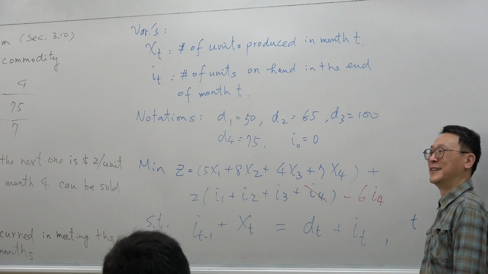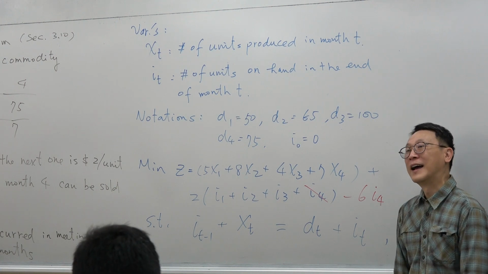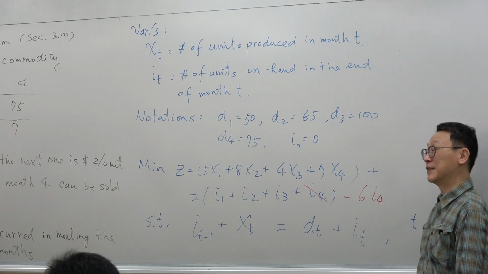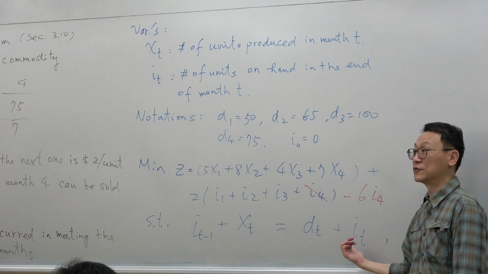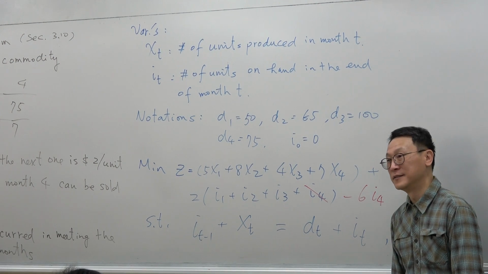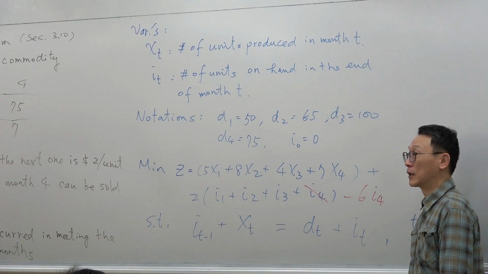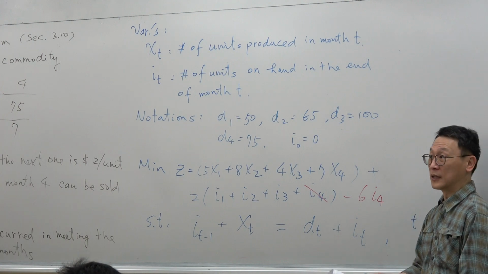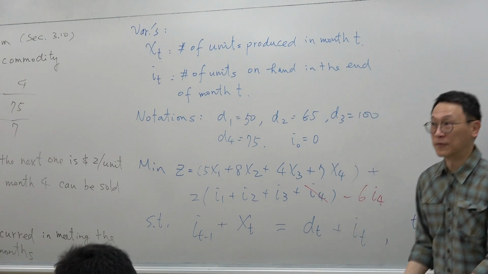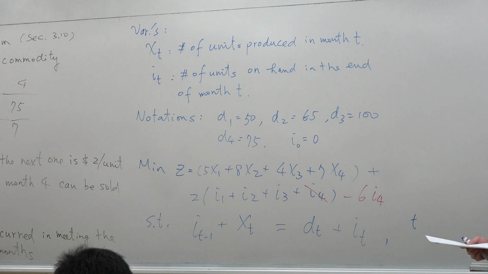Is that easier? Actually, in the very beginning, trying to write down this kind of general formulation is not easy. Sometimes we have to read a lot of formulations, then we can figure out what happened.